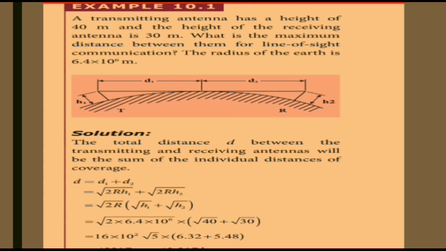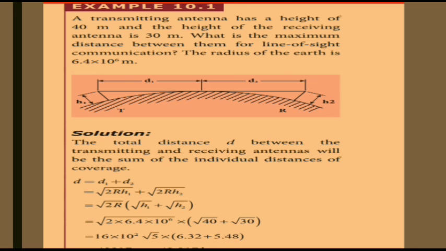What is the maximum distance between them for line of sight communication? The radius of earth is 6.4 into 10 power 6 meters.